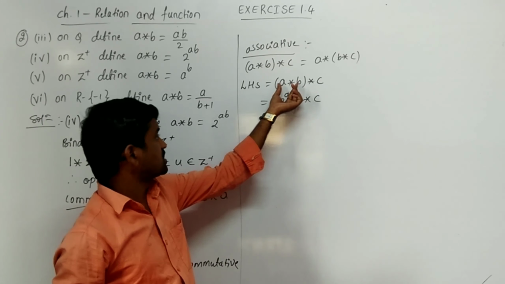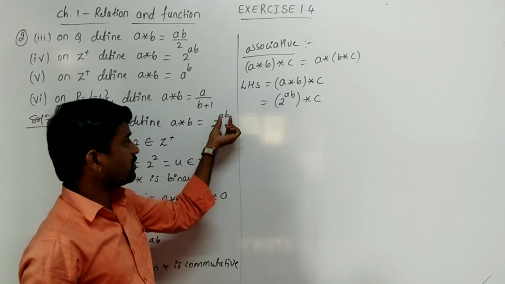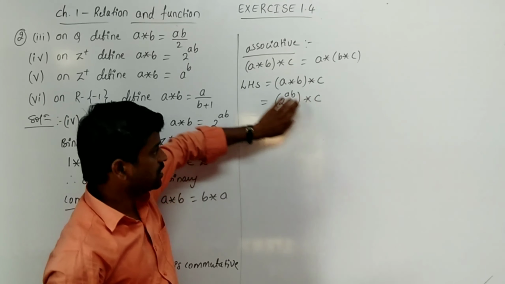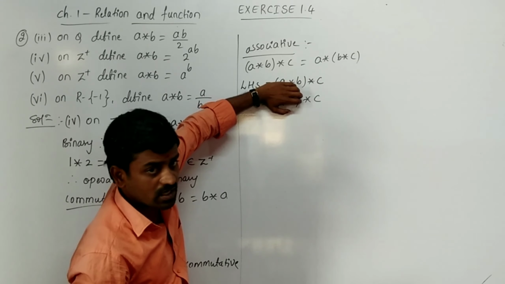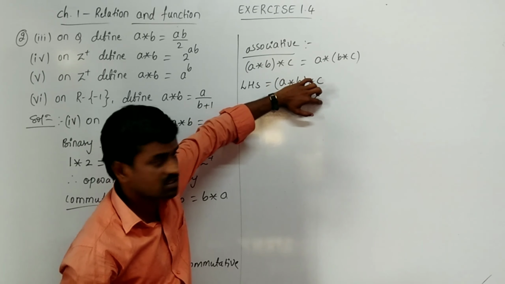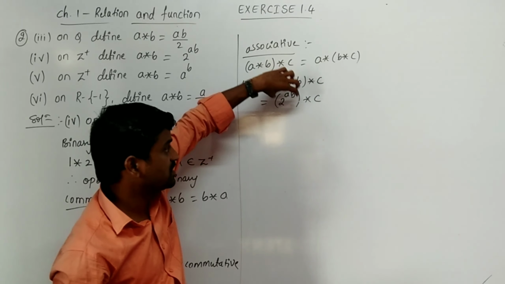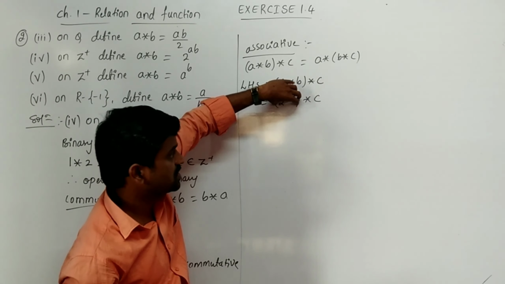a star b is given by 2 to the power of a into b. Again this one is one term. This term star c means 2 to the power of this term into c.